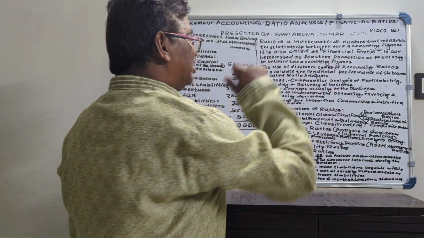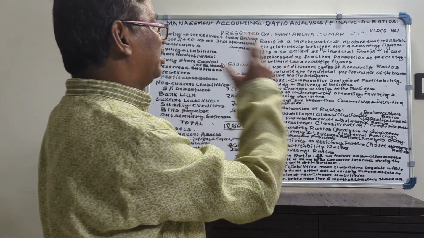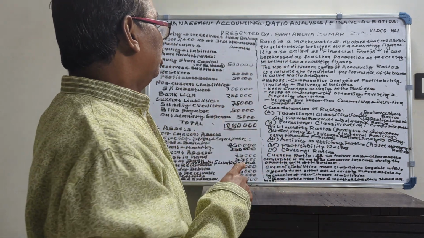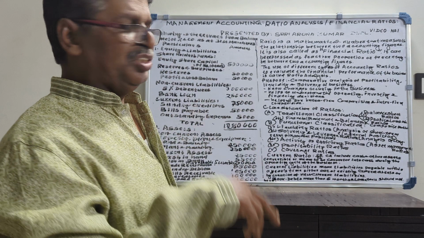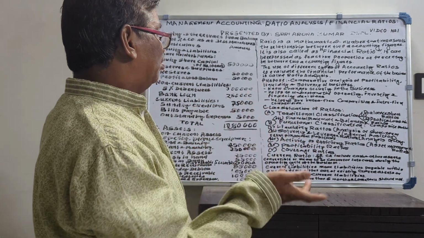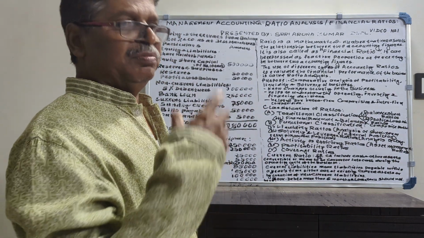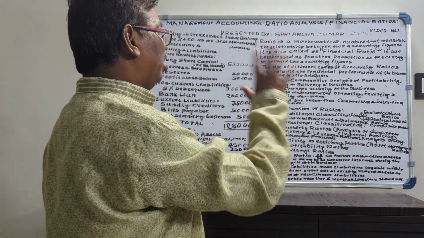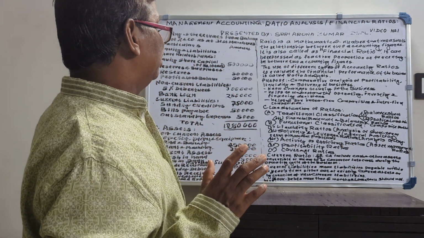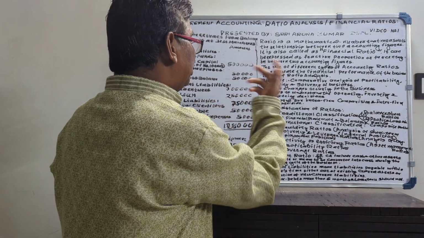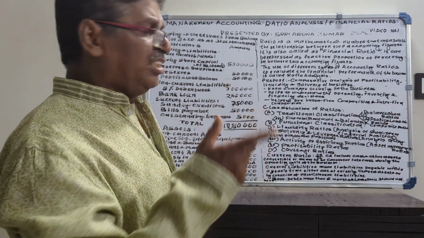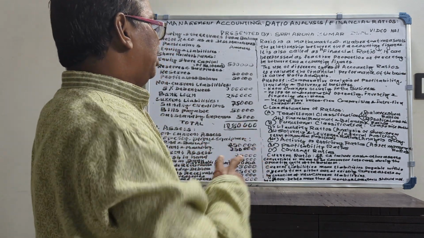Whether the company is earning profit or loss, or it is in a liquid position, that means it can repay within a short period of time, and there is solvency, maybe short-term solvency or long-term solvency.